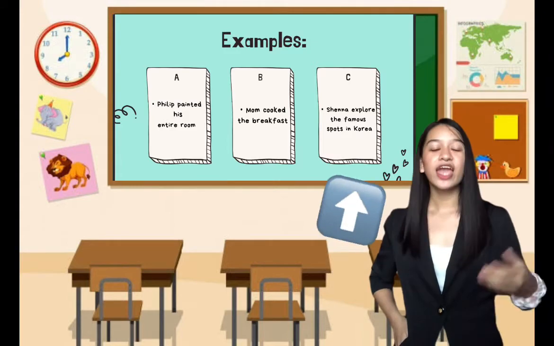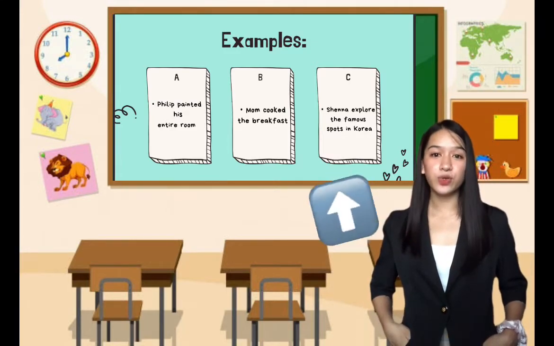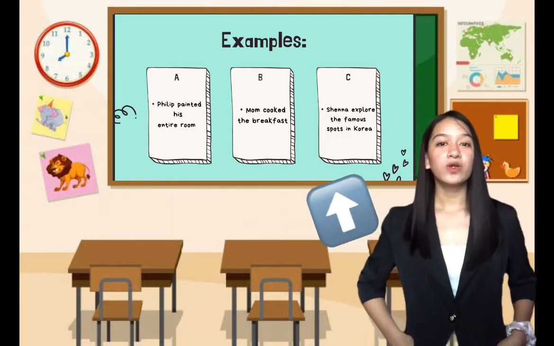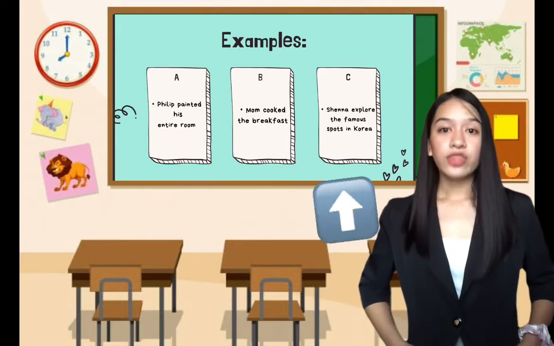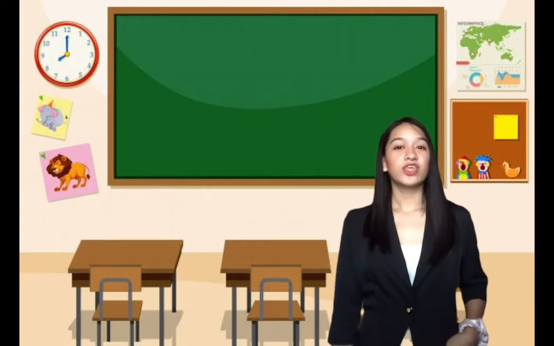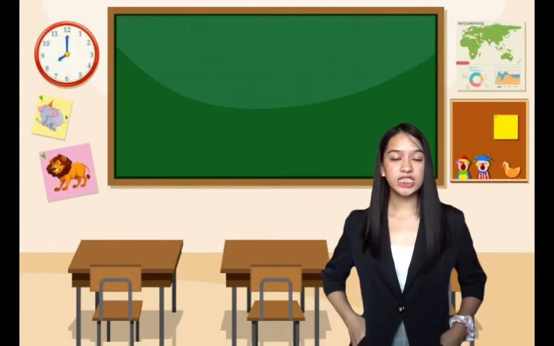Here, you can see that Sheena is the doer of the action, which is Sheena went to Korea to explore the famous spots. So, did you understand, everyone? What is an active voice?